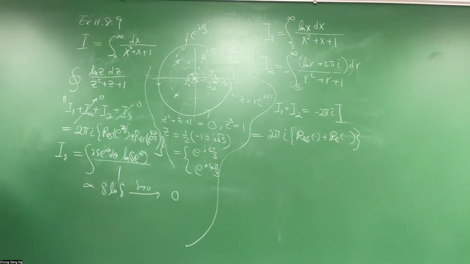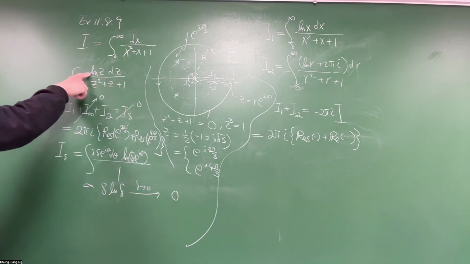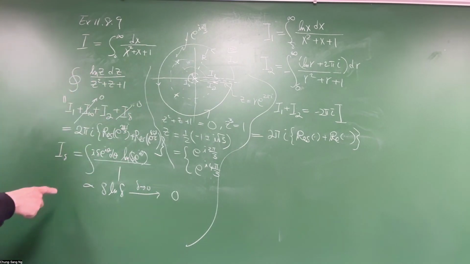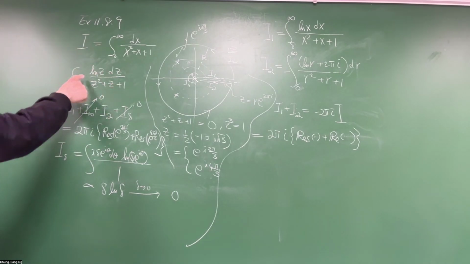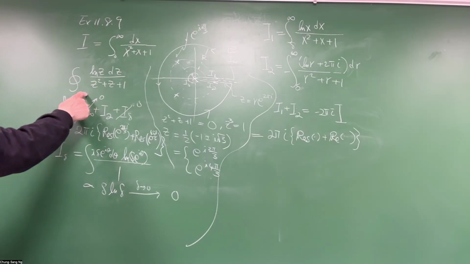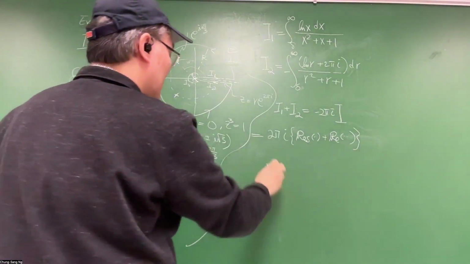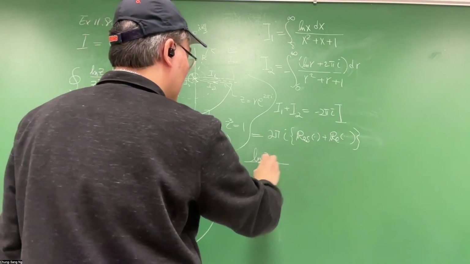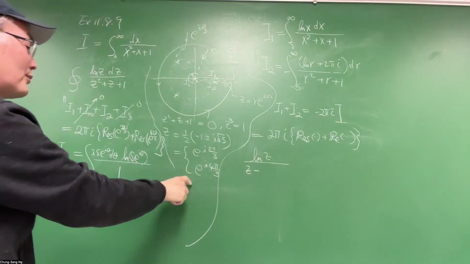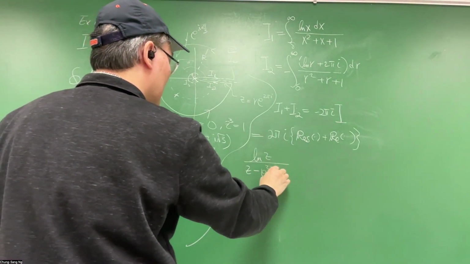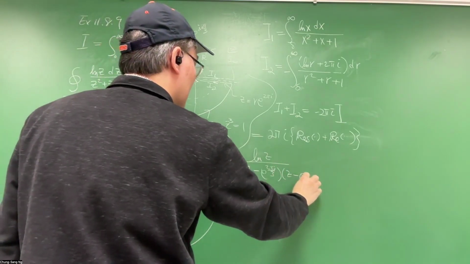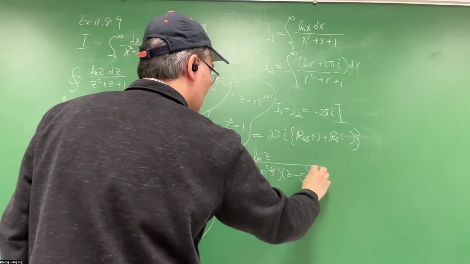Okay, and now we need to figure out the residues. The residue should be simple, but the residue includes a log z, so you need to be careful. So the function that we want to take the residue of is log z divided by this factor, which we can change to log z divided by z minus the two poles, e to the 2 pi i over 3 and minus e to the 4 pi i over 3.